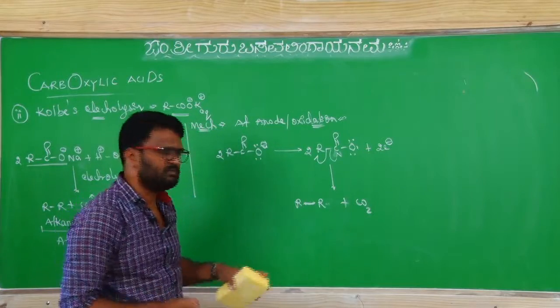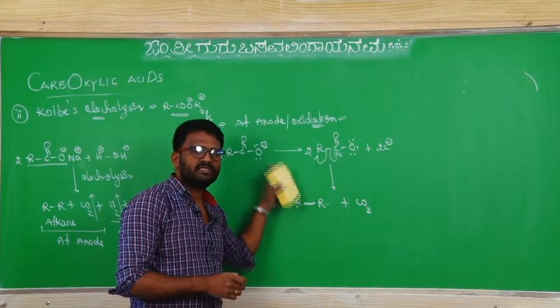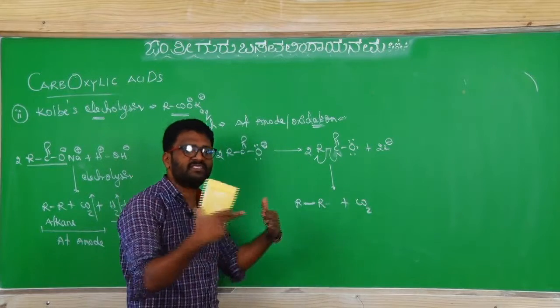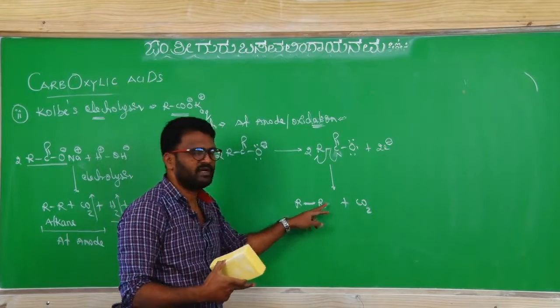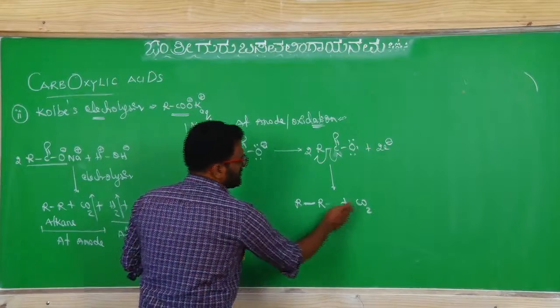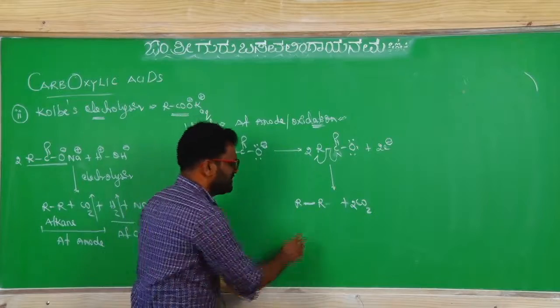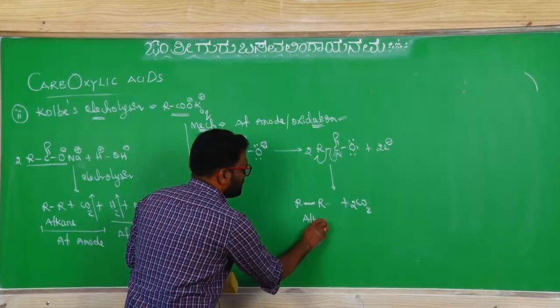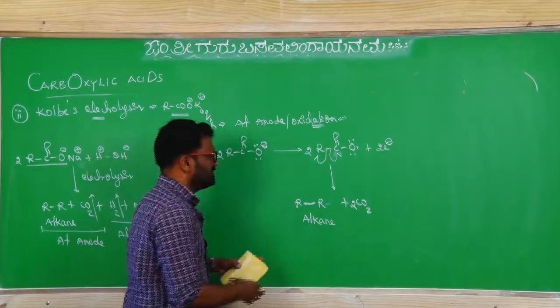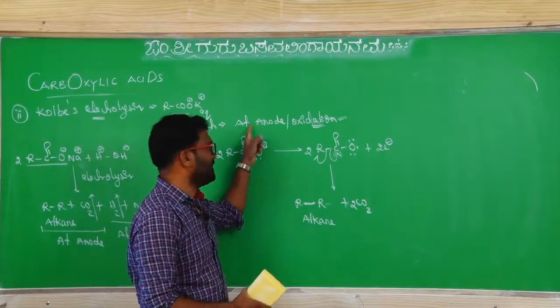There will be a bond formation between carbon and carbon. In this Kolbe electrolysis, there is a C-C bond formation between R group and R group. So how many moles of carbon dioxide do you get? 2 moles of carbon dioxide and 1 mole of alkane. These are the two products you get at the anode.